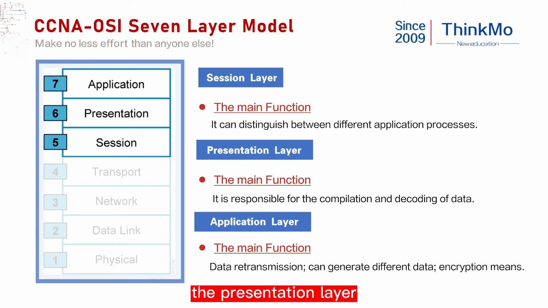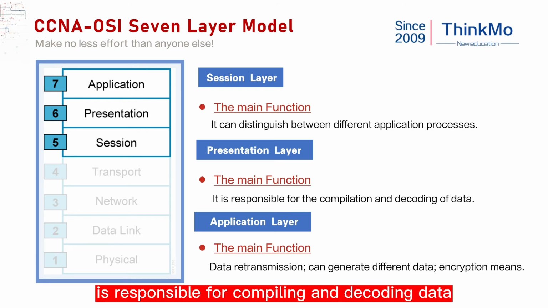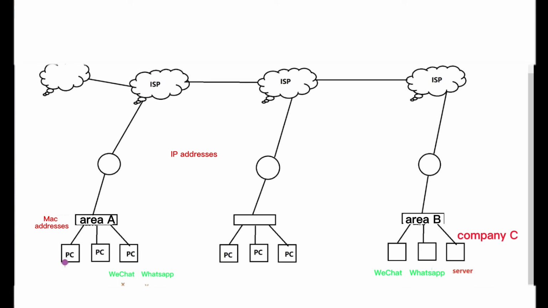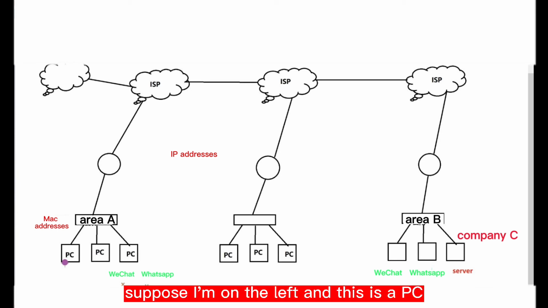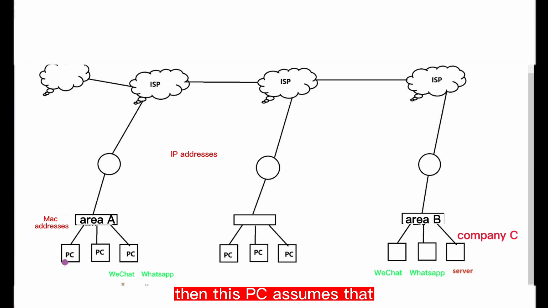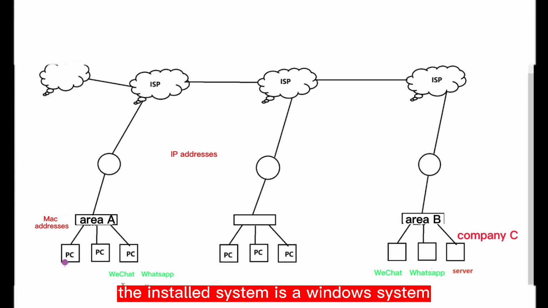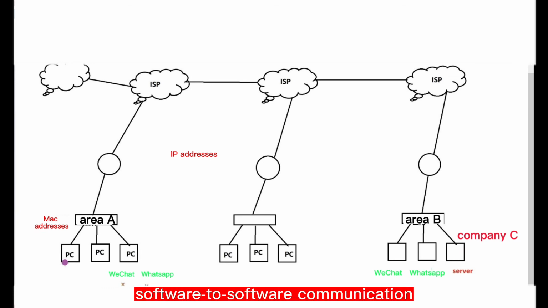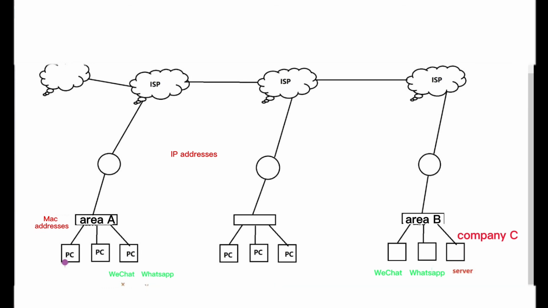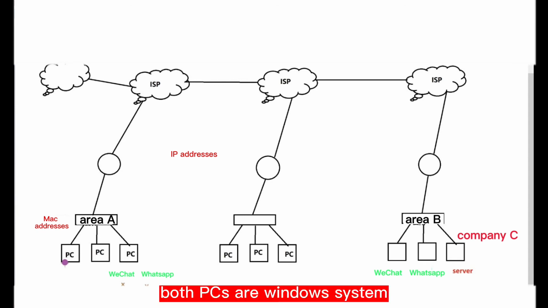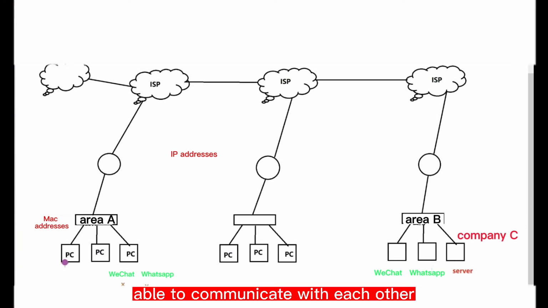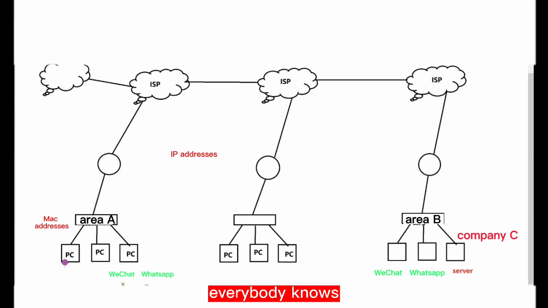The presentation layer is responsible for encoding and decoding data. For example, suppose on the left is a PC with a Windows system installed. Under Windows, we can implement software-to-software communication. First, you need to know that if both PCs run Windows, they are able to communicate with each other. Everybody knows that.